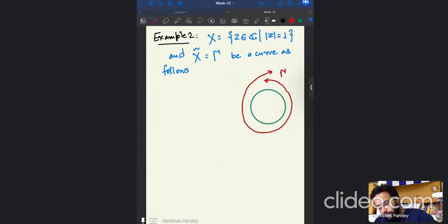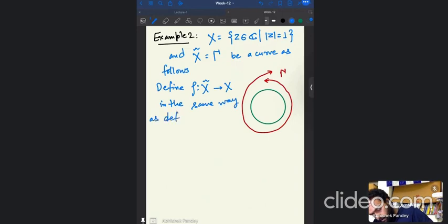Now again the function is defined in the same way. So define rho from x tilde to x in the same way as defined in example 1.